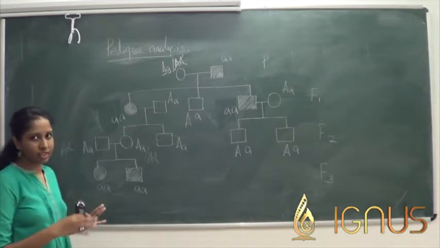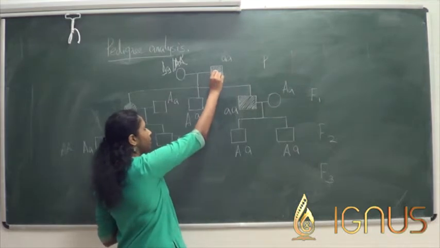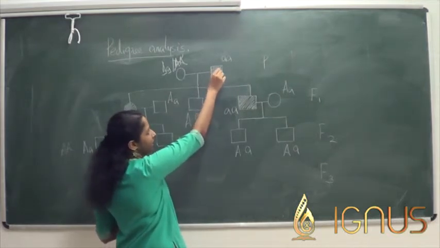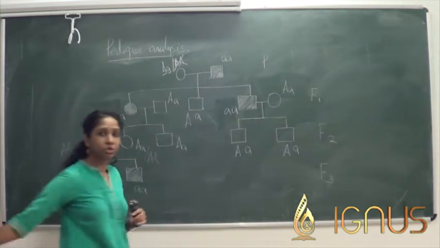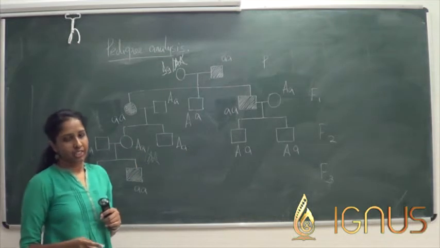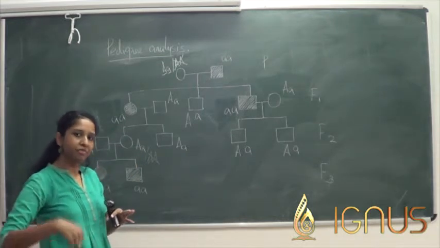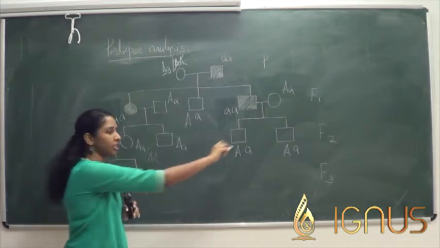Okay, so going back to the tricks and tips I told you, the trait is there in the parent and F1 but not there in the F2, so it cannot be dominant. It is skipping a generation, so it cannot be dominant. But if you go back to autosomal recessive, it does skip a generation.